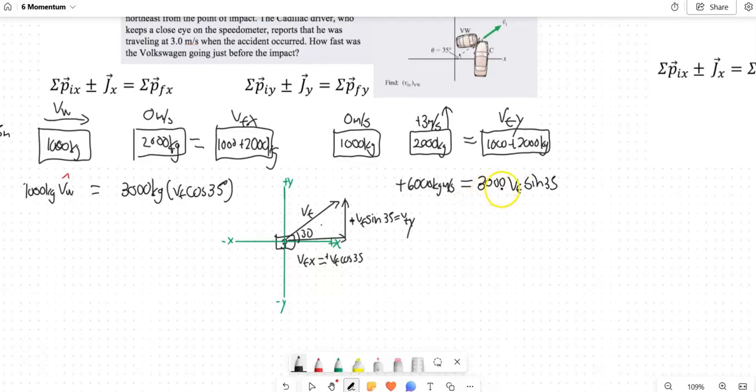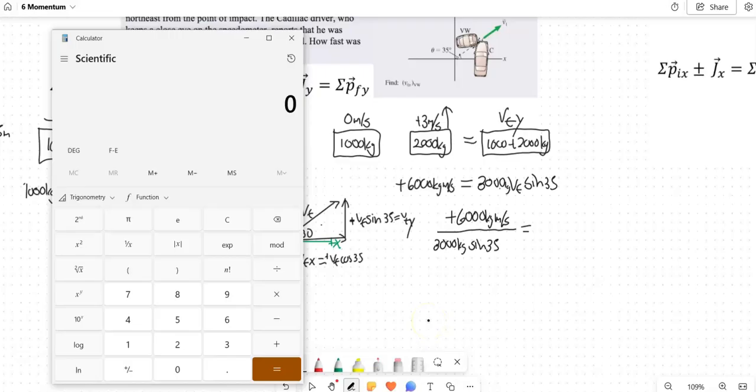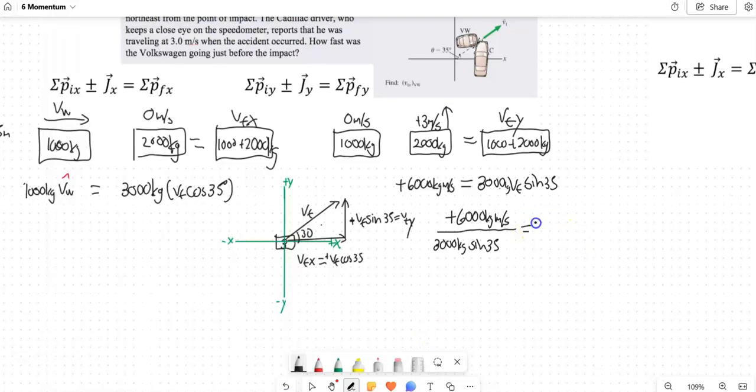So I'm going to divide both sides by 3,000 sine of 35. Let's do that together. 6,000 kilogram meters per second divided by 3,000 kilograms times sine of 35 degrees is going to be equal to v final.